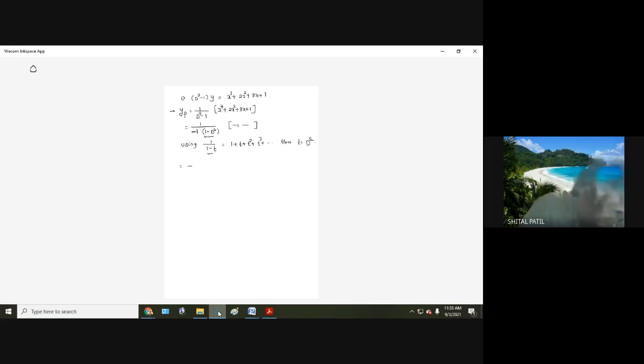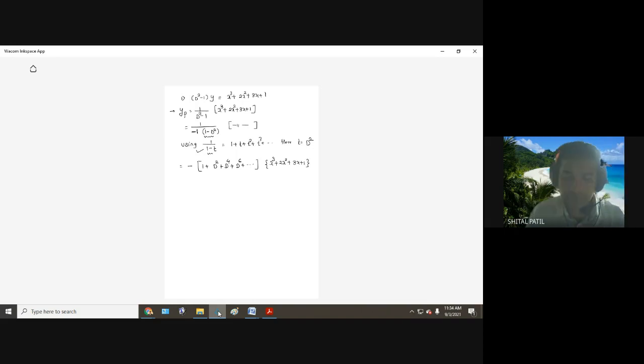Then what is the expansion of 1 upon 1 minus D square? Using this formula, it is 1, then t square, t cube, t raised to 8, t raised to 10, t raised to 100. Getting that? And this is to be operated on x cube plus 2x square plus 3x plus 1.